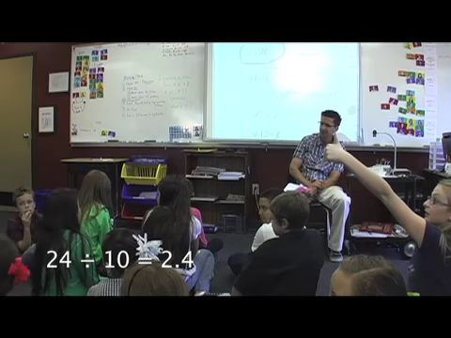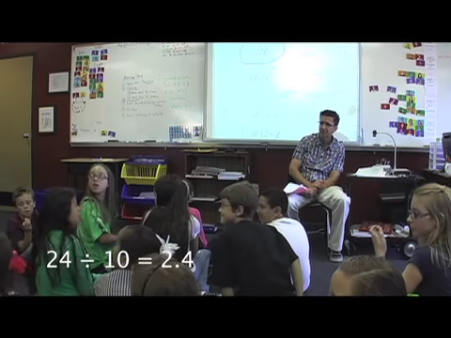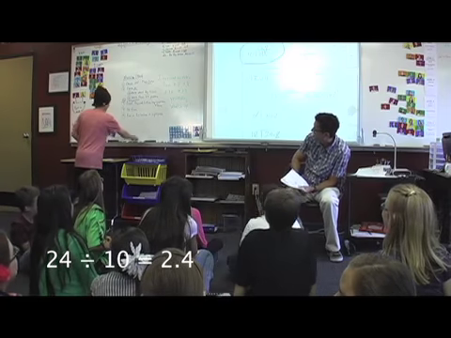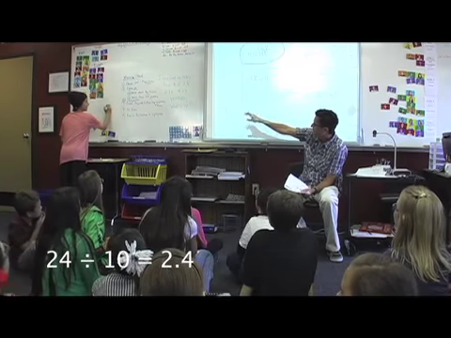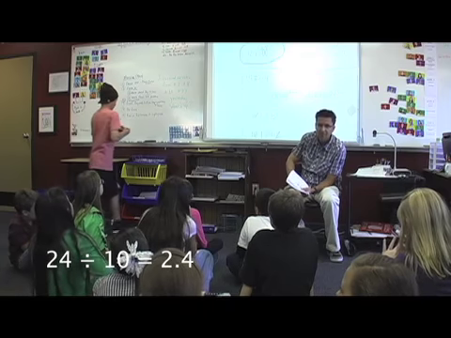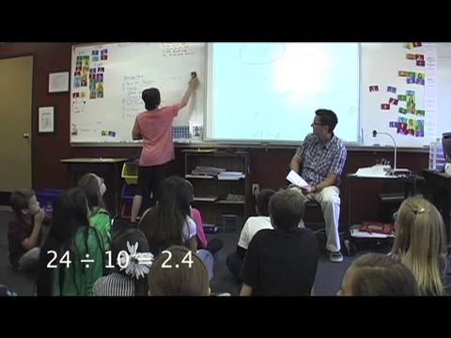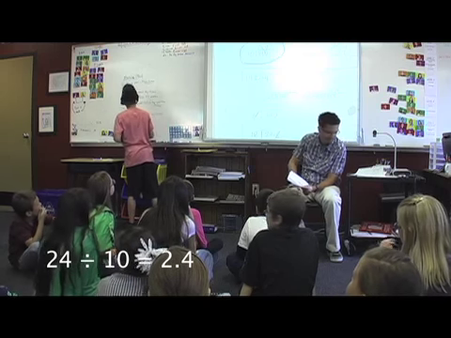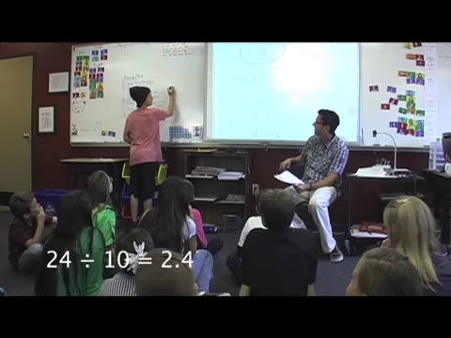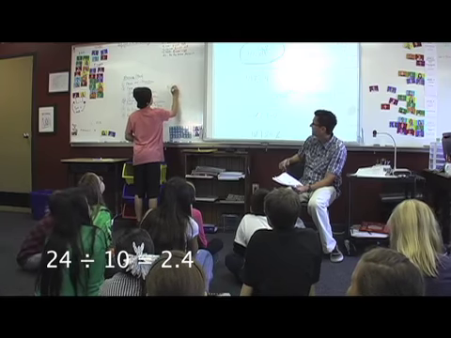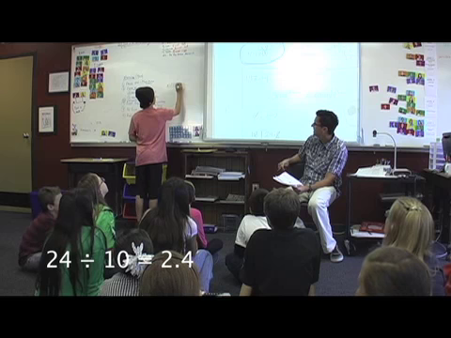Okay, if you take out the decimal. Here he comes. He's excited. You can erase the green stuff over here and do it over here. If you do no decimal, 24 divided by 10, you will get a remainder.